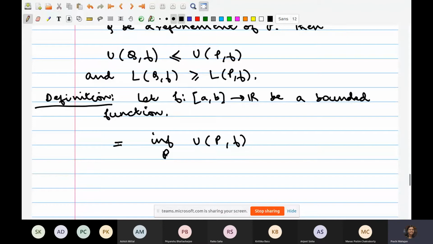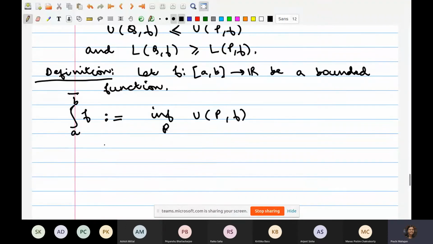So you have the upper sum corresponding to the partition P of the function f, and you take the infimum over all possible partitions of the interval AB. Now this quantity is what is known as the upper Riemann integral of the function f. So this is a definition.